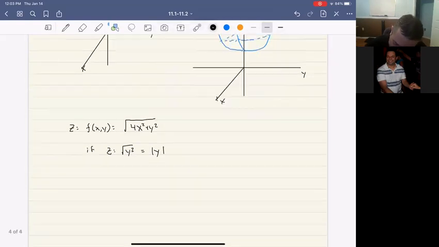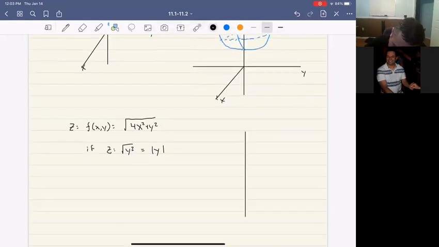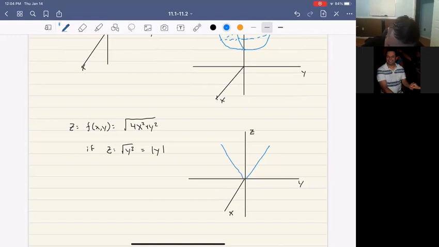So in the zy plane, we're going to have just the absolute value curve, which looks like so.